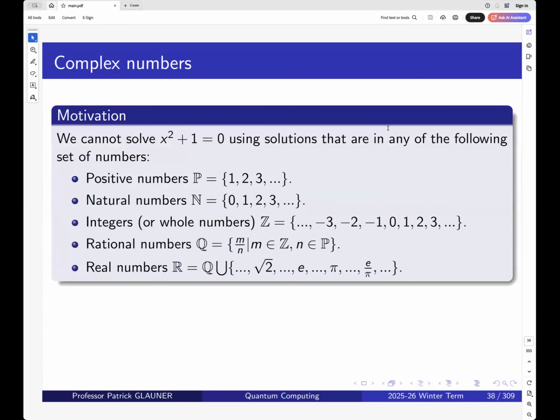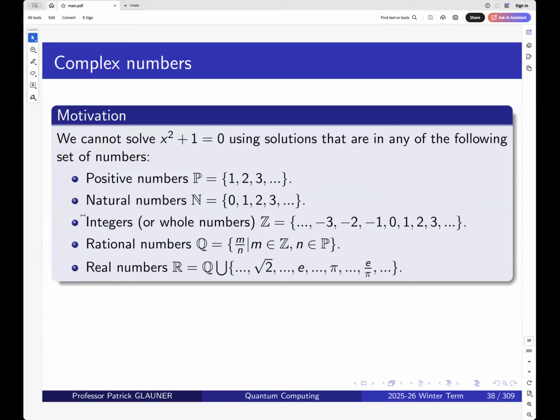And where do these complex numbers fall into? Say if we have an equation, something like x squared plus 1 is 0, we could wonder, how can we solve this?